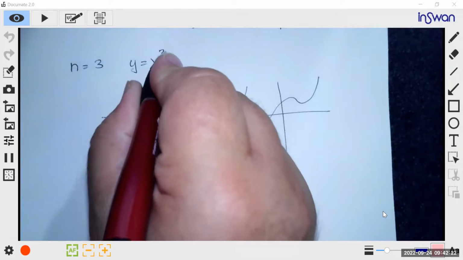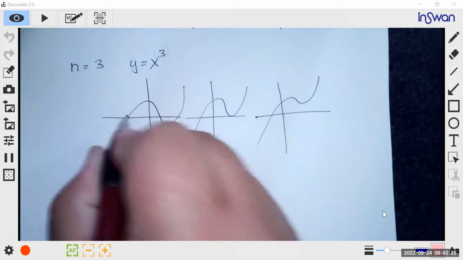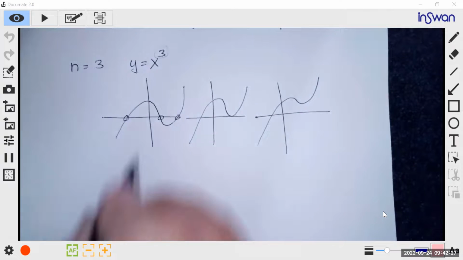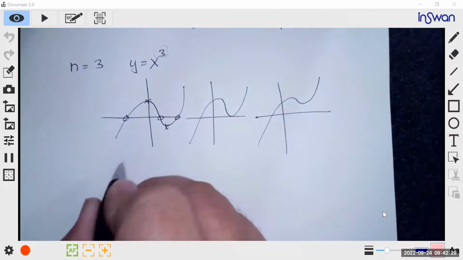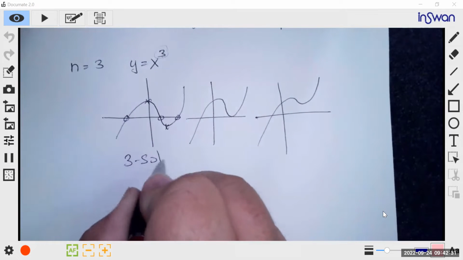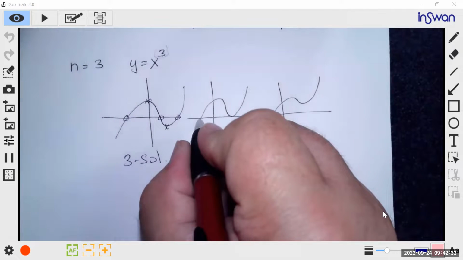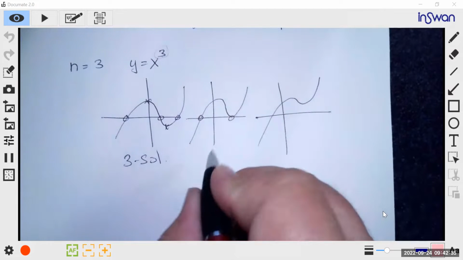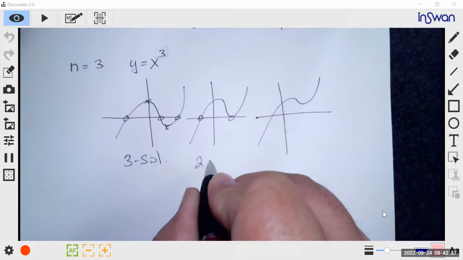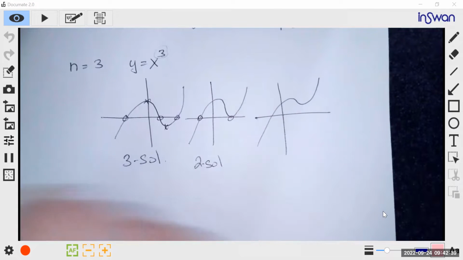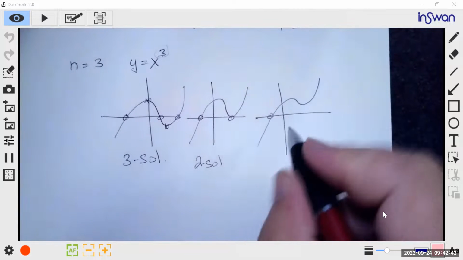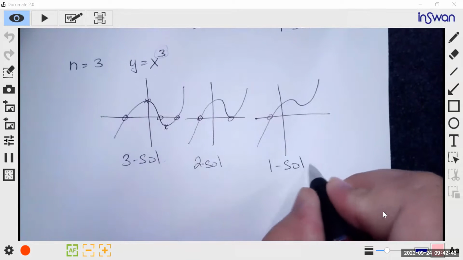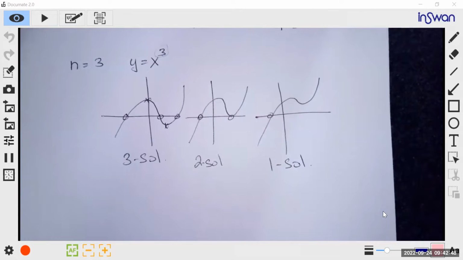Because n is 3, the degree is 3, I can have at most 3 solutions, which means I have 2 vertices. Or I can have 2 solutions, or I can have 1 solution. I can't go any further than that.